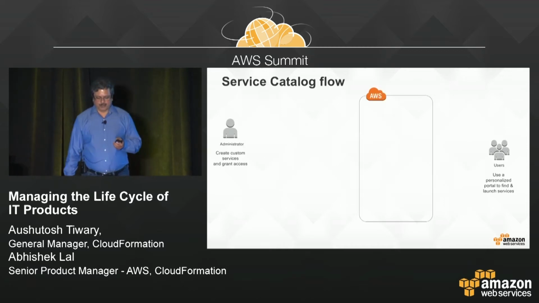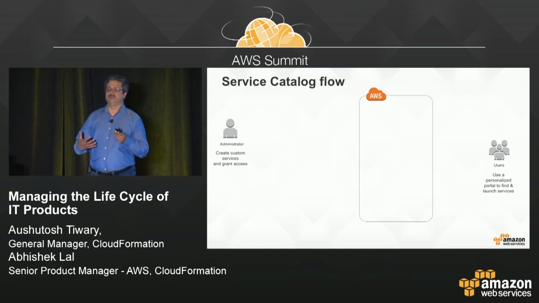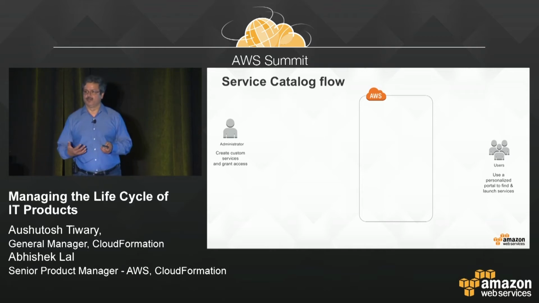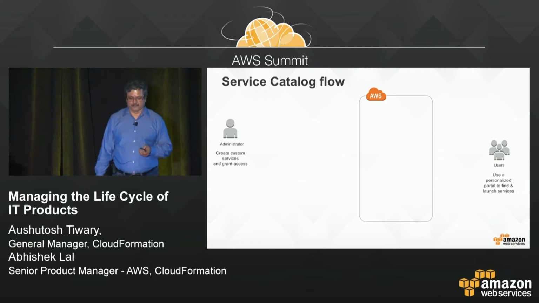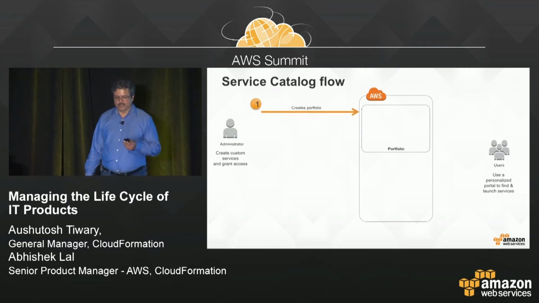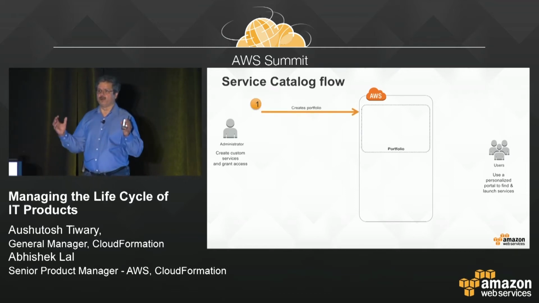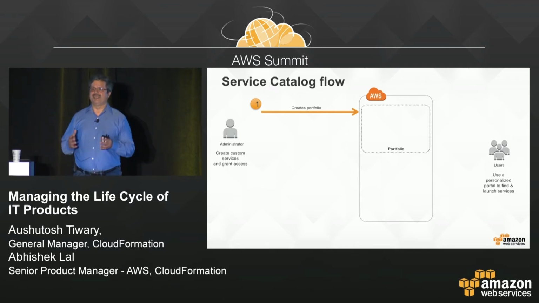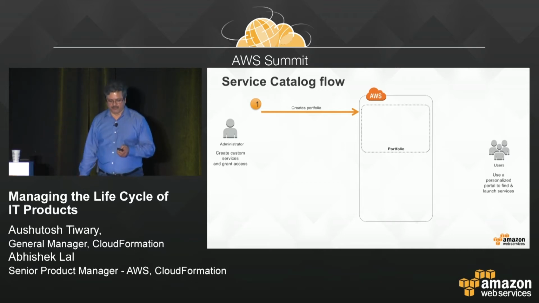Let's now talk about what are the set of steps you as an IT administrator would have to do in order to use the Service Catalog, okay? The first thing you would do is you would create the notion of a portfolio. A portfolio is a container in which you put products and you grant access to users to specific portfolios.